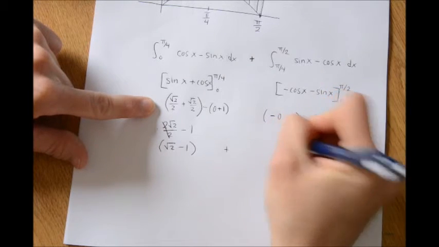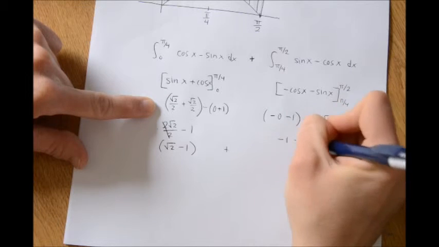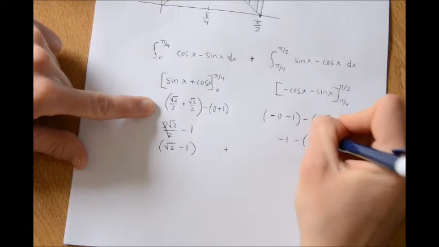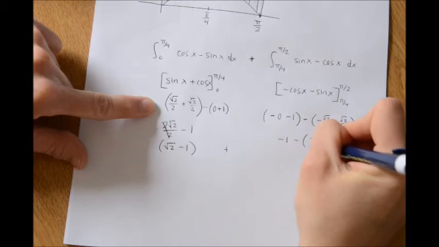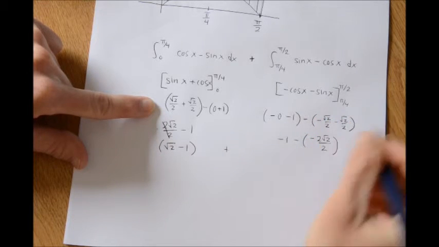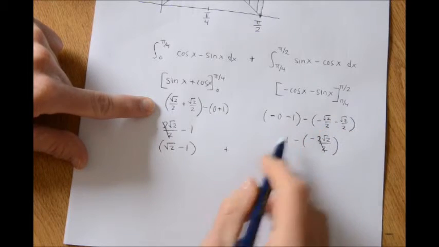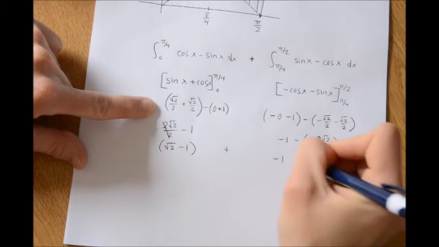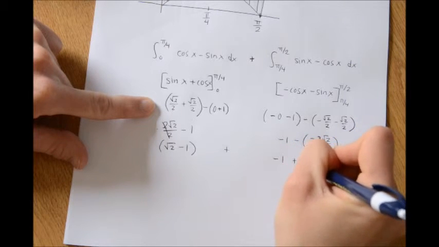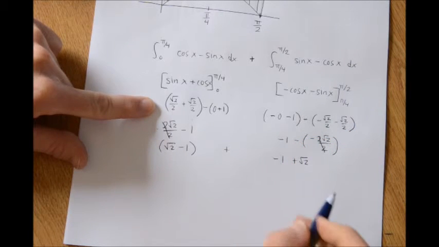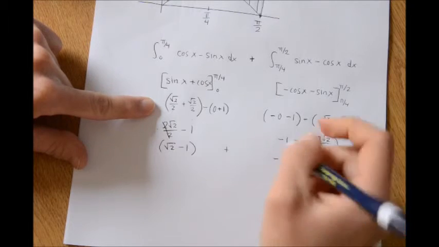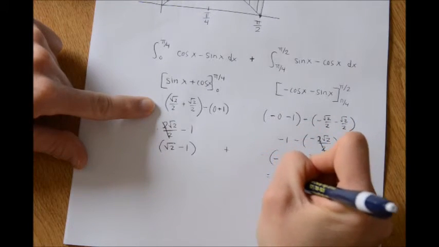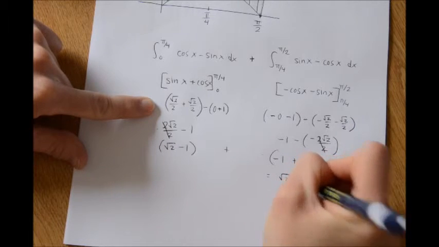So we're going to have a negative 1 minus negative 2 square roots of 2 over 2. The 2's cancel, the negatives cancel, and you're left with negative 1 plus the square root of 2, which is the same thing as the square root of 2 minus 1, right?